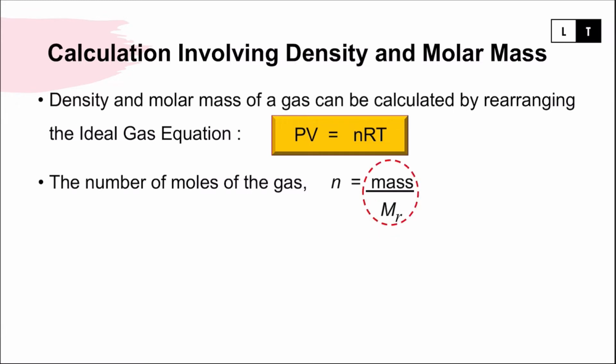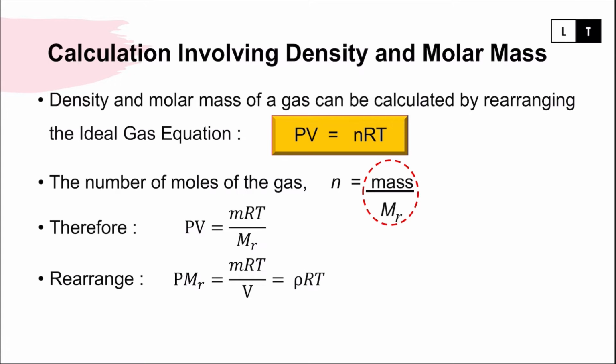After that, we are going to put the formula for number of mole into the ideal gas law equation and rearrange to get pressure times molar mass equals to, awak tukar position MR dengan V kat sini. So you will have another formula, which is rho times gas constant times temperature.